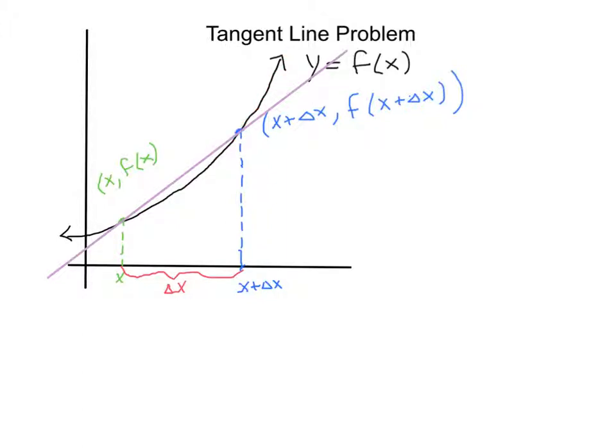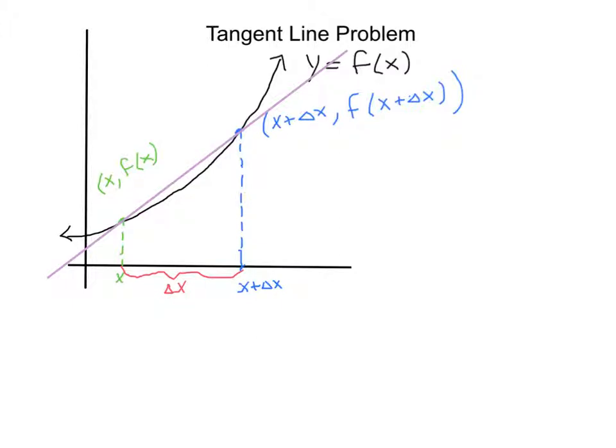And we have 2 points. We're going to put some number in, call it x, and put it into the function and into y, and we get this point here, whose coordinates are x and f of x. Then we're going to move over from x a set distance, and the symbol we use for that distance is this triangle, read as delta, and that's called delta x.